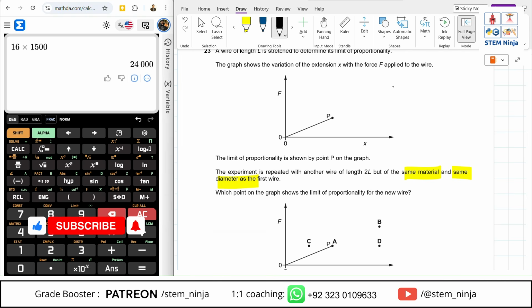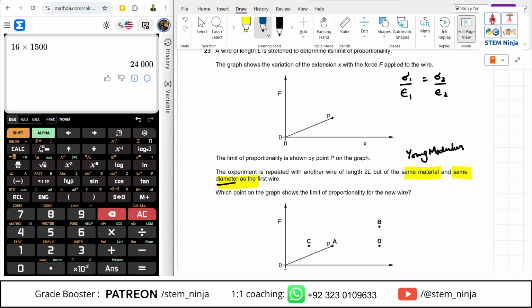What goes on now further is that same material means Young modulus is the same. So if E is the same, that means the stress over strain relationship is the same. Diameter same, that means stress would also be the same.